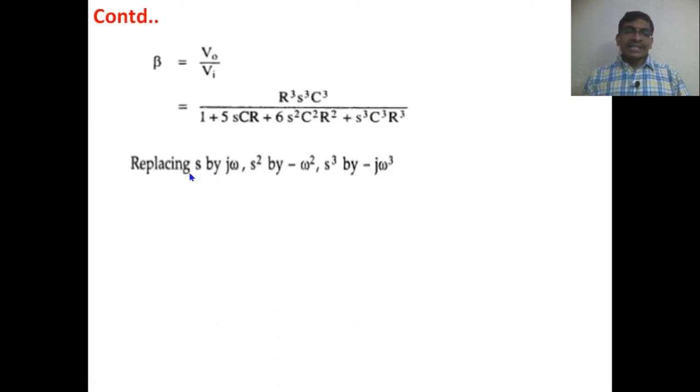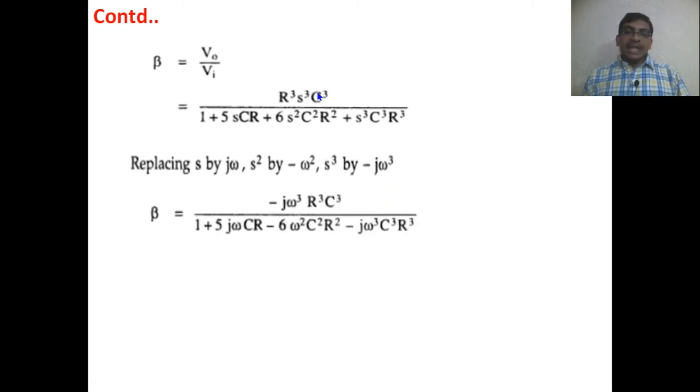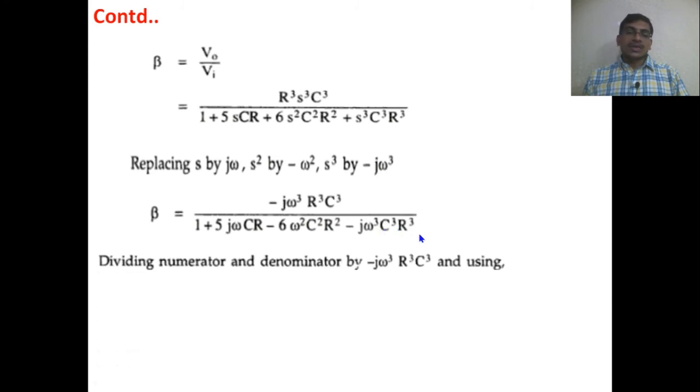By replacing S by j omega, S square by minus omega square, and S cube by minus j omega cube, the above equation can be written as beta is equal to minus j omega cube R cube C cube divided by 1 plus 5 j omega CR minus 6 omega square C square R square minus j omega cube C cube R cube, dividing the numerator and denominator by minus j omega cube R cube C cube.